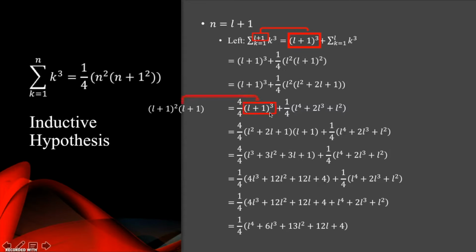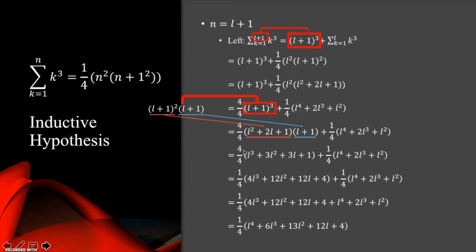So now I rewrite this (L plus 1) cubed in this form, and from here I get the (L plus 1) squared into this form, and I directly move this L plus 1 here, and this is how I get this step from here. And then I multiply these two terms and I get this entire thing here.